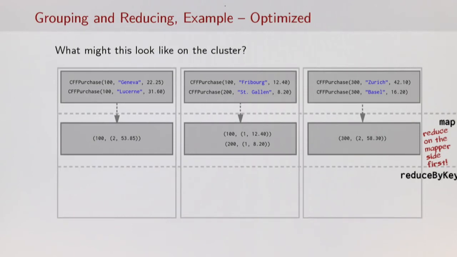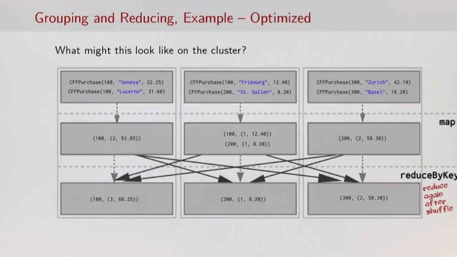Notice that the logic in our reduceByKey was essentially applied on the mapper side first. Imagine if this was a real data set with millions or billions of elements on each node. Now we have at most one key value pair per node. So that's potentially a very large reduction in the amount of data that maybe we have to shuffle. The idea is that hopefully we're shuffling less data now, and then we do another reduce again after the shuffle.